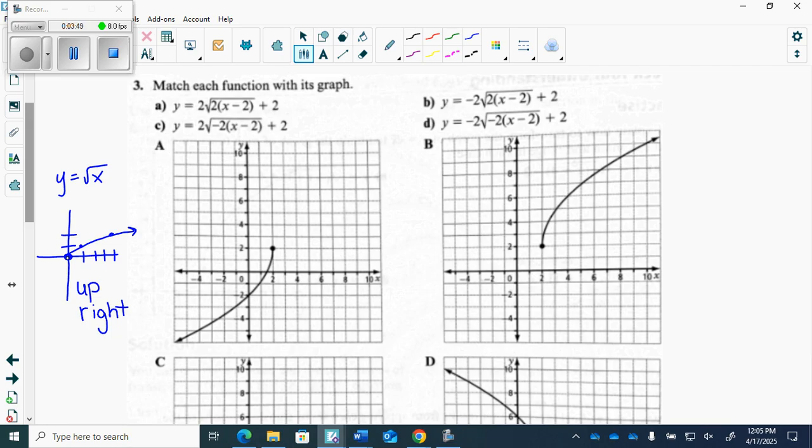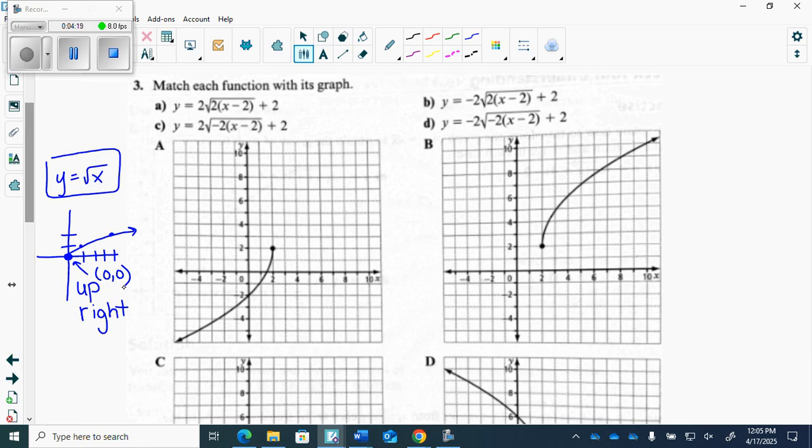The only thing that moves the starting point, because it's 0, 0, is horizontal and vertical translations. The other special graph where that works is a quadratic, because a quadratic is an x squared graph, and it starts at 0, 0. Anything that starts anywhere else, you can't do that. You have to do it a different way.